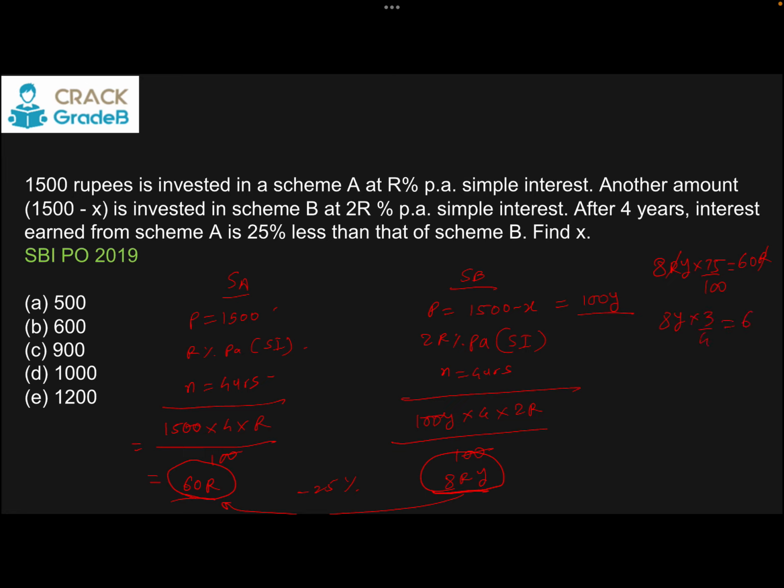So 8Y's 3 by 4 should be equal to 60. That gets us 6Y is equal to 60. So Y will be equal to 10. If Y is 10, if we put it here, it becomes 1000. So 1500 minus X is 1000, so X is going to be 500. The answer will be 500.